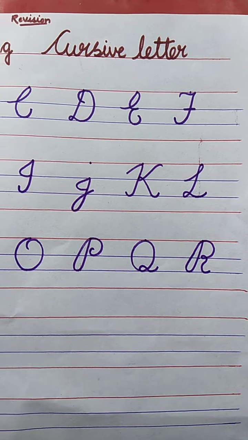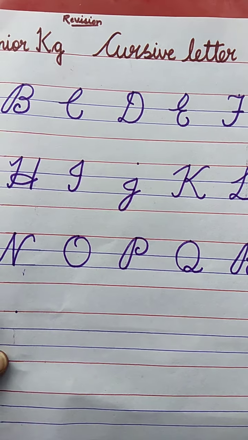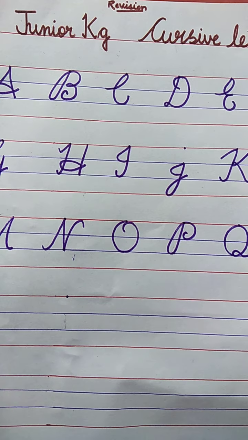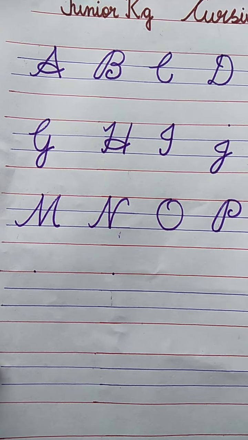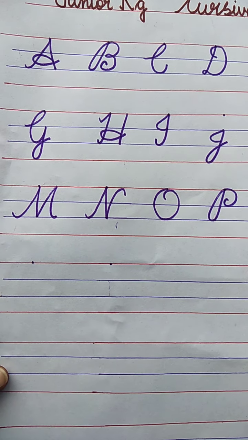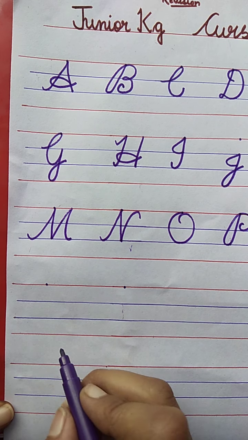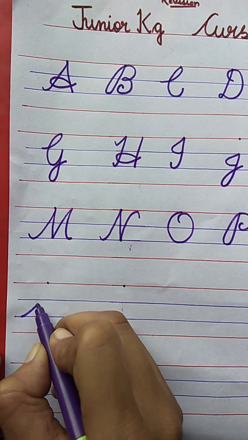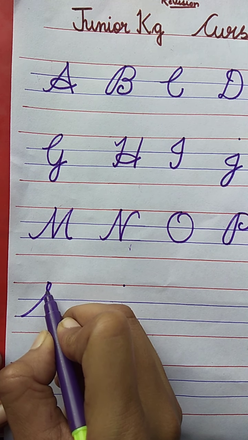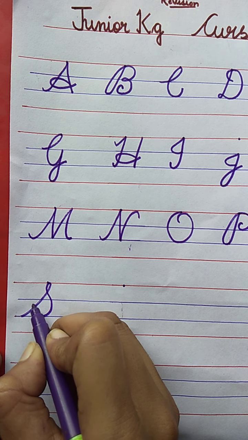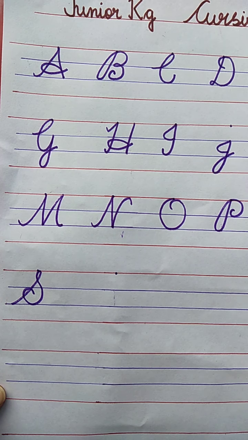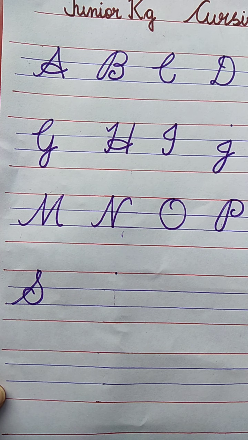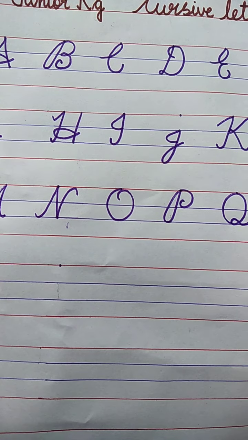R for rabbit. The spelling of rabbit is Rabbit. Now tell me the next letter. S. S for salad. See here, draw a slanting line, a loop, semicircle, and stop here. S for salad. The spelling of salad is Salad.